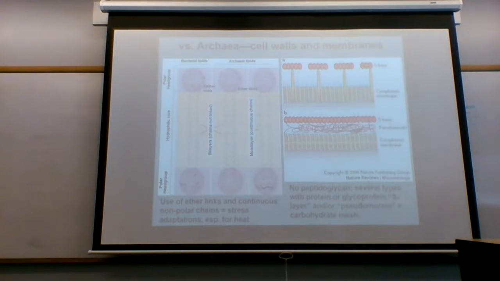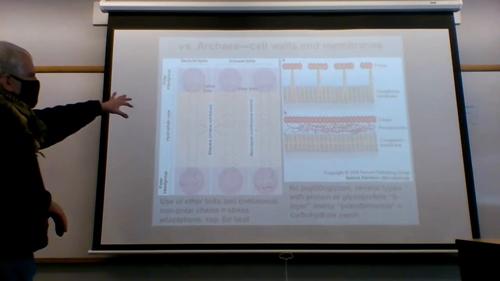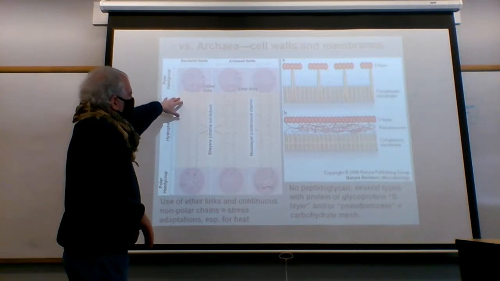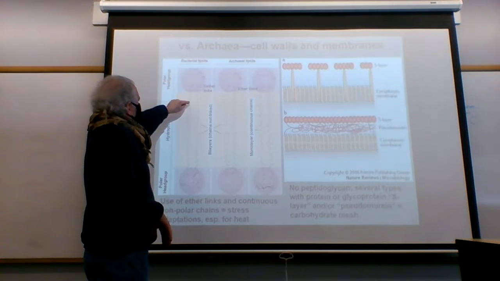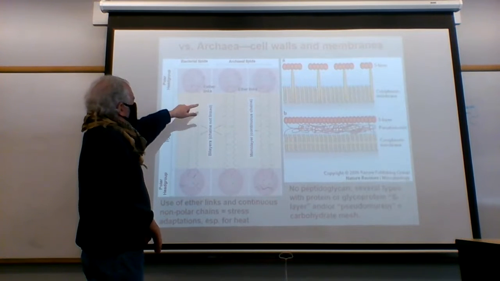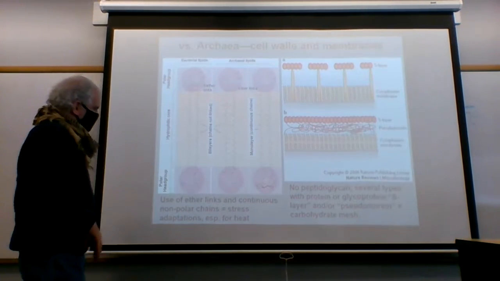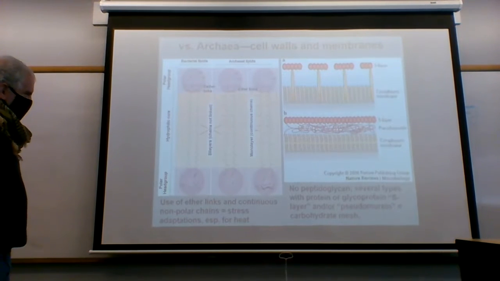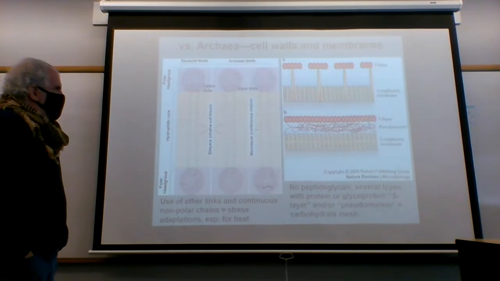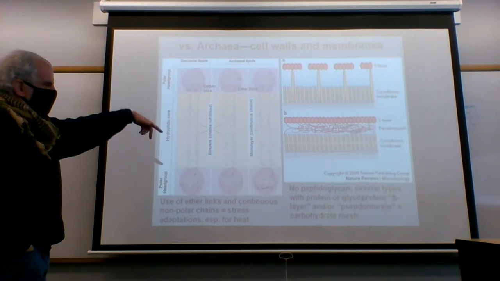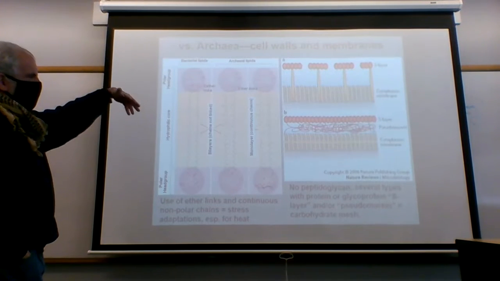You have slightly different linkages between the fatty acids and the polar head group in the phospholipids. That makes a little bit of a difference between the way the bacterial cell wall or cell membrane is organized.